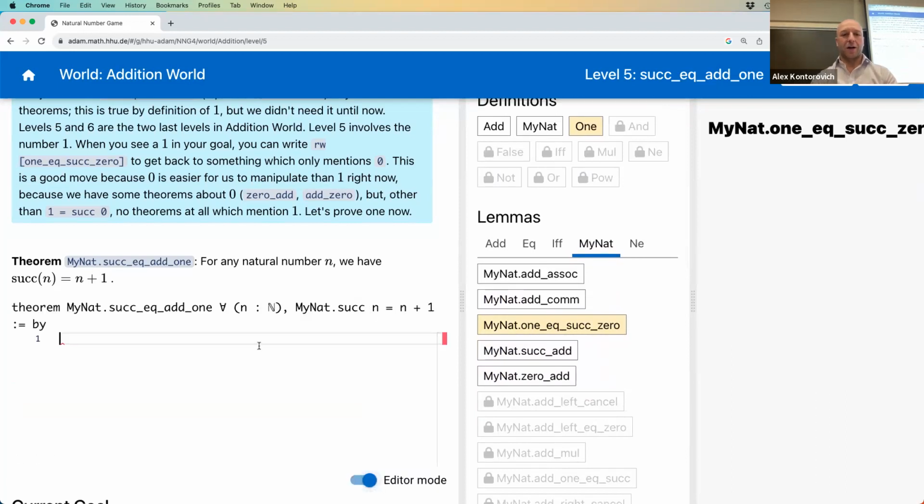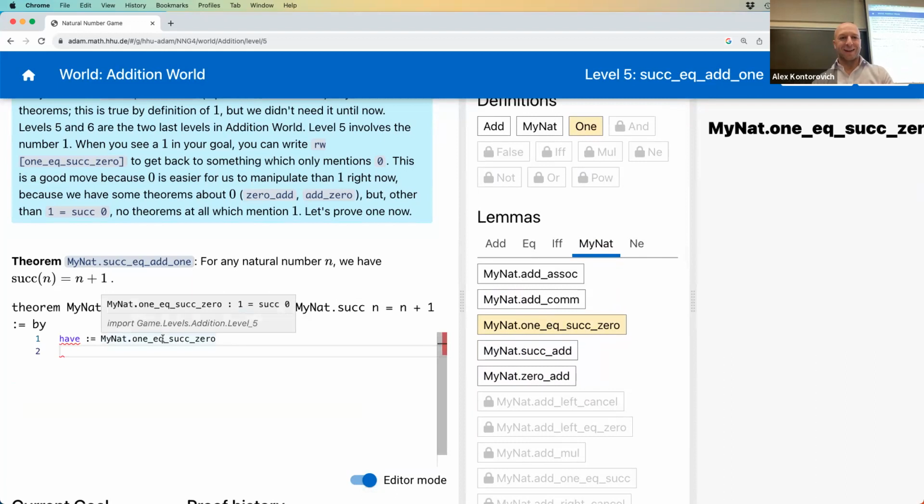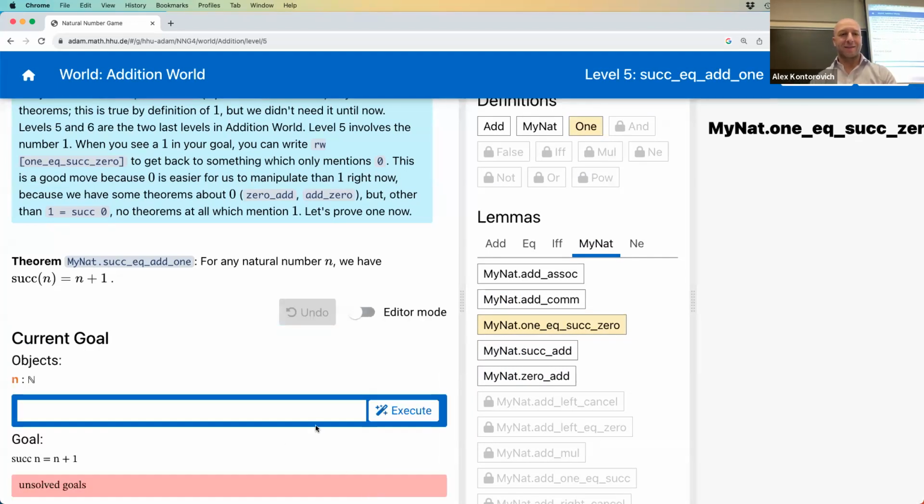Sure. So you can do a have MyNat.one_eq_succ_zero. Then if you hover over it, it should, yeah. So there it is. 1 equals successor of 0. And that works. It works like pretty much anything you throw in there if you play how it works.